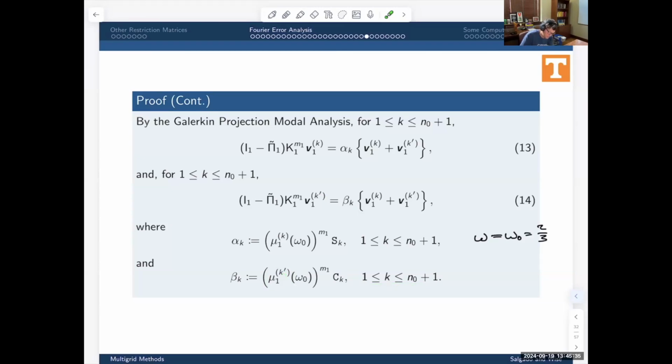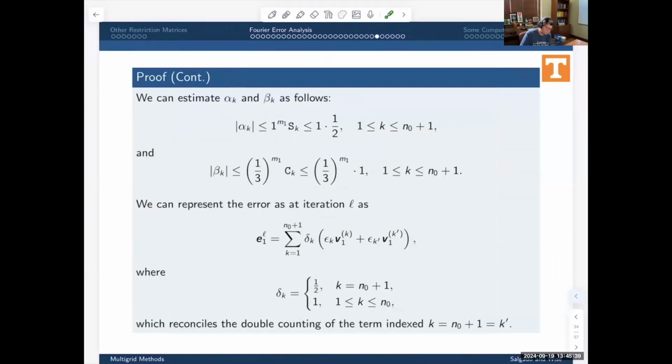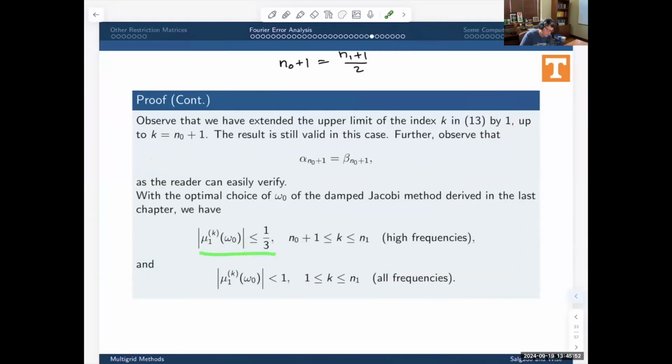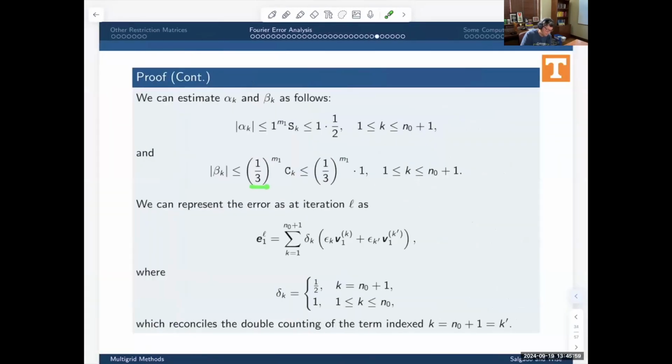So this is still low frequency, but this is going to be high frequency for the beta k's. Because it's in the high frequency end of the spectrum, I can say that every wave number is less than 1/3. Mu1k is less than 1/3 in absolute value. So that's what I'm going to use here. I'm going to raise it to the m1 power because that eigenvalue is raised to the m1 power times ck.